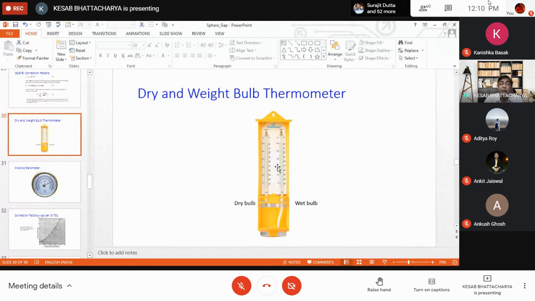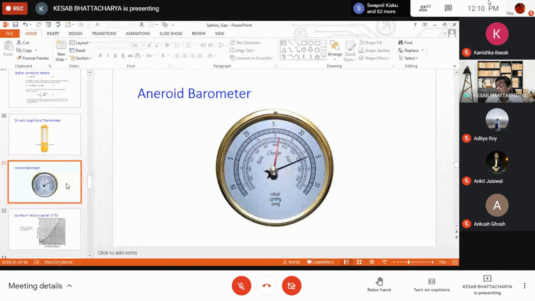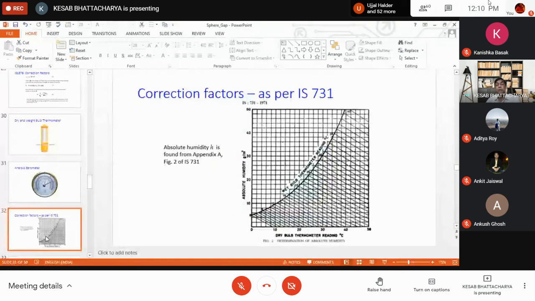This arrangement we have in our lab. This is the device for measuring the pressure. And now, this is the curve which I was talking about. Here you see there is a curve like this.